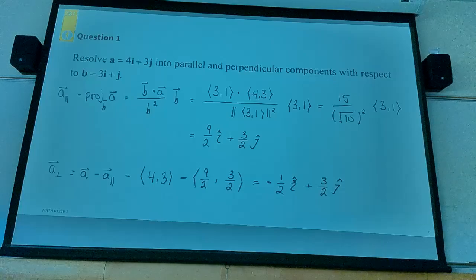And there's your perpendicular component.